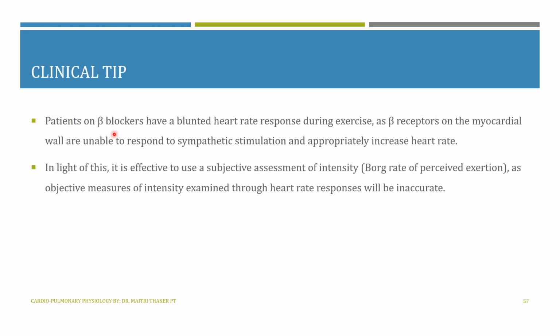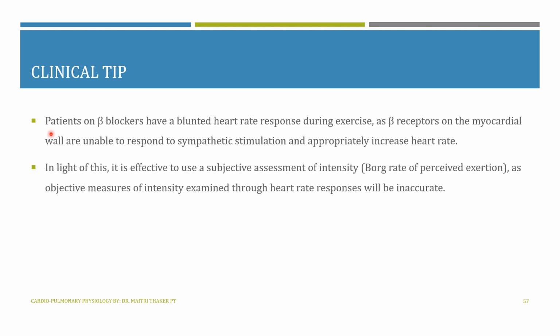Now, based on this concept, there is a clinical influence in the case of patients taking beta blockers. The patients who are on beta blockers have a blunted heart rate response during exercise, as the beta receptors on the myocardium are unable to respond to the sympathetic stimulation and appropriately increase the heart rate. Beta blocker drugs are the most commonly used drugs among the cardiac disease population.